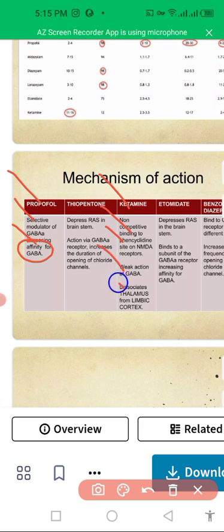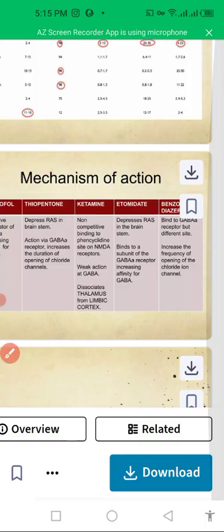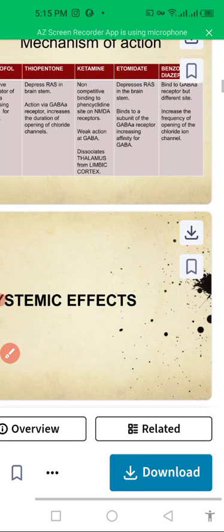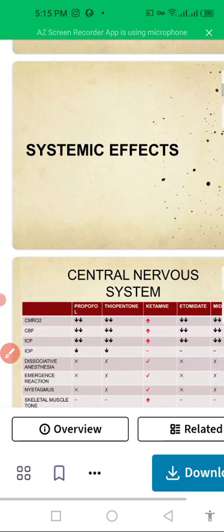It dissociates the thalamus from the limbic system, and movement is prevented along with analgesia. It is also used in untreated depression. Benzodiazepines bind with the GABA receptor, increase the frequency of opening of the chloride channel, and cause hyperpolarization. So in this way these agents act.